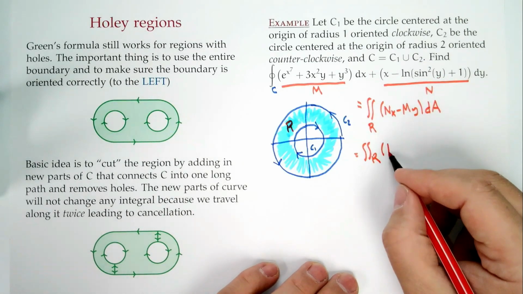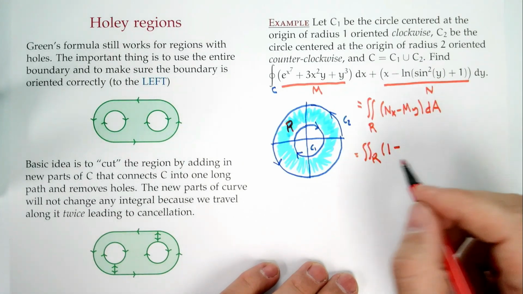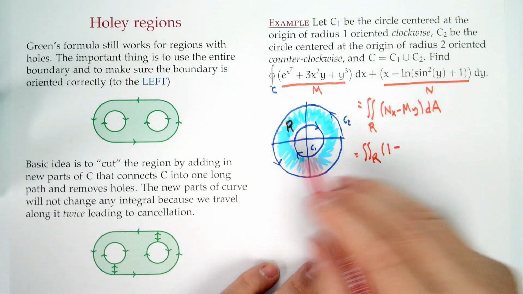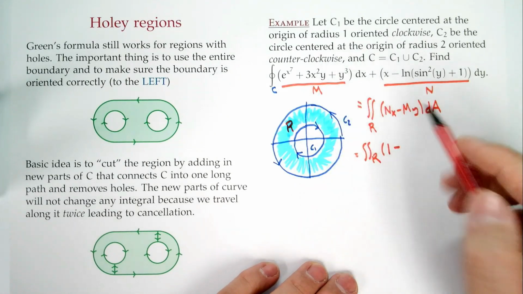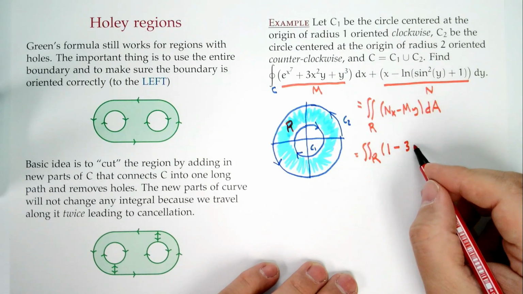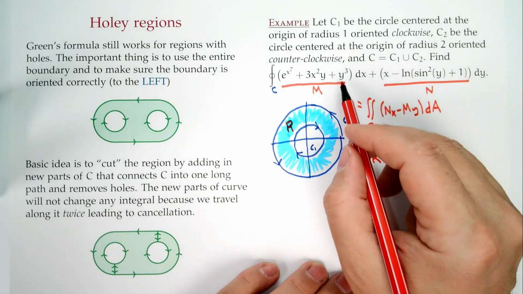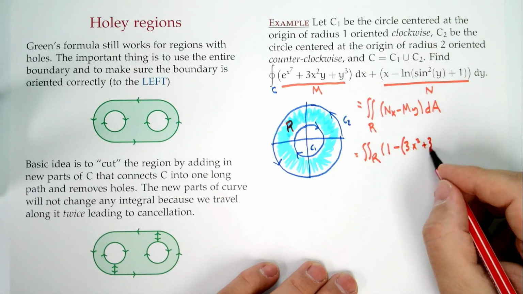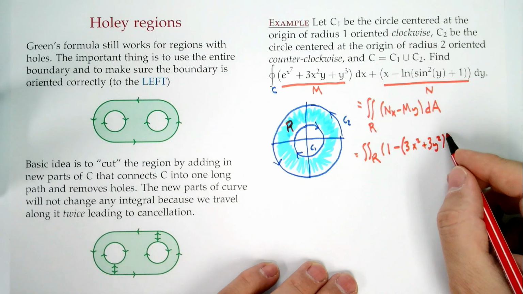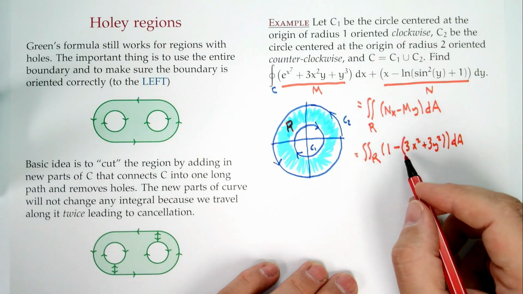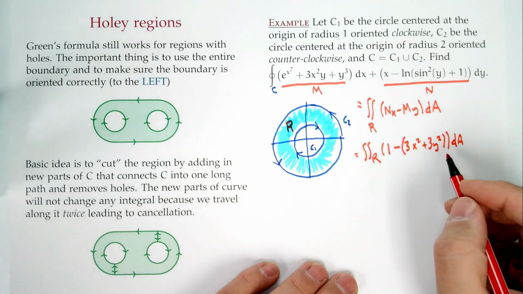It becomes just simply 1 minus m sub y. Well, the e to the x to the 7th, gone. 3x squared y, well, that's 3x squared. And derivative of y cubed, 3y squared. So we get n sub x, 1, minus m sub y, 3x squared plus 3y squared.